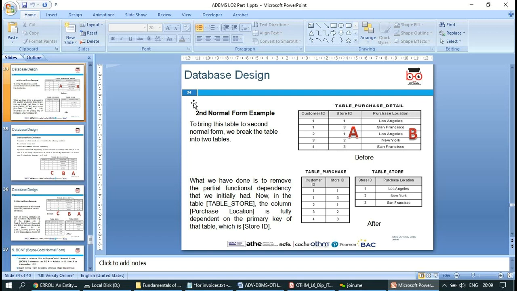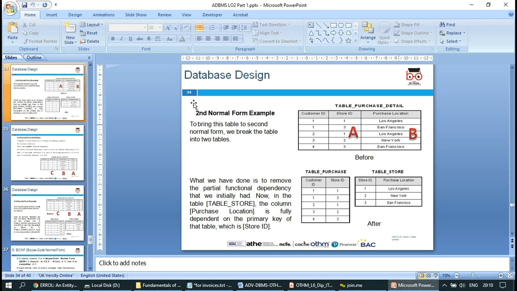Of course, the store ID is not dependent on the customer ID. Do you agree? Why? Because the customer could buy from anywhere else, and any store could be used by any customer.